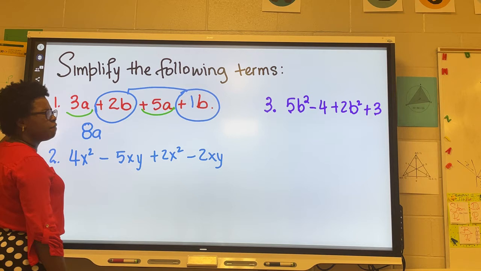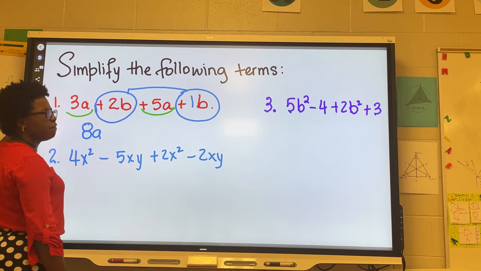Alright, so xy here will be considered to be one term because they are being multiplied. So xy is 1, x squared is 1. So we need to group all our x squares and we need to group all our xy's. So it's 4x squared plus 2x squared.